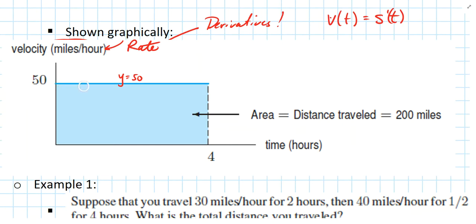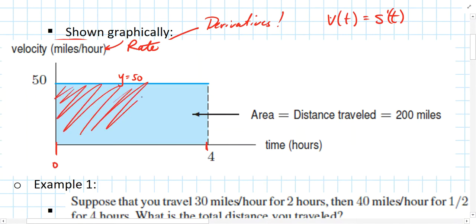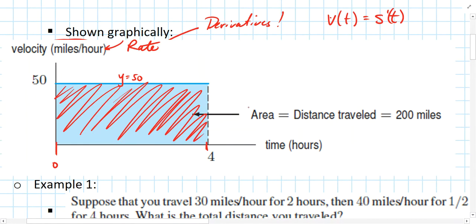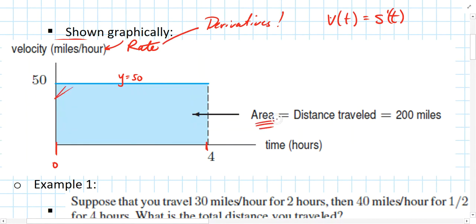And if this velocity is constant at 50 miles per hour and we have these endpoints, basically time starting at 0 and ending at 4 hours, well, the graph ends up creating a rectangle for which we can calculate the area. And the area is equal to the distance that we travel. 50 miles per hour is technically the height here because 50 is along this axis.